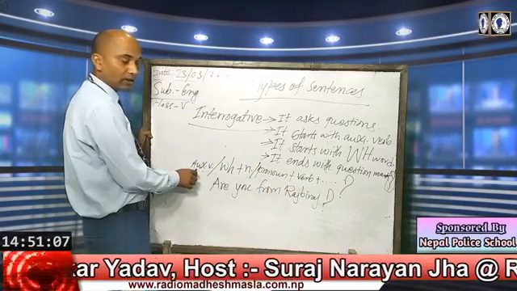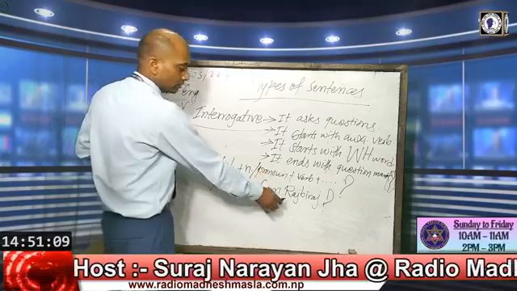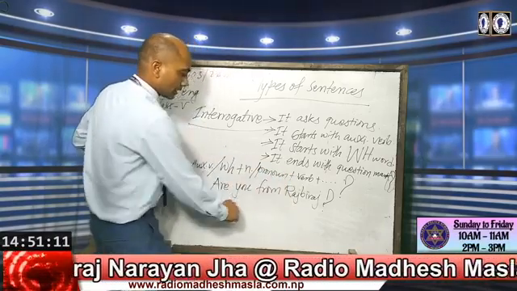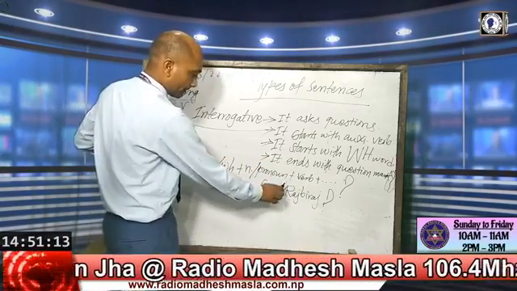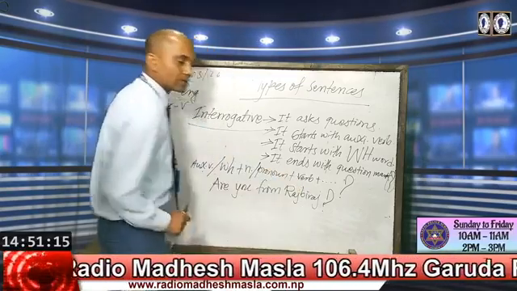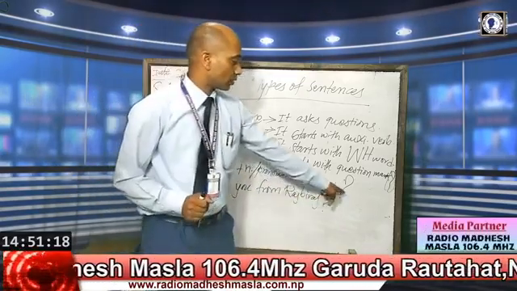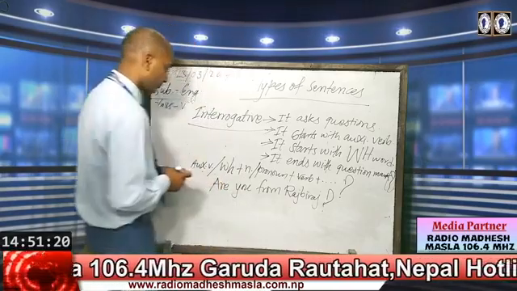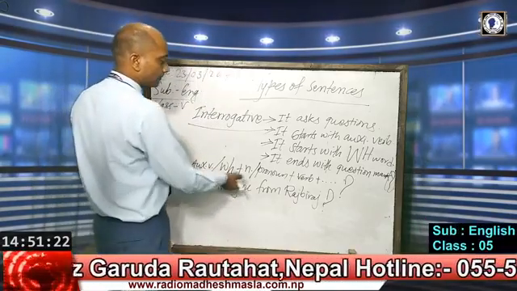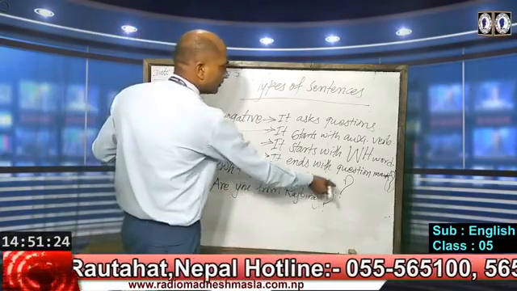Are, auxiliary verb, you, pronoun, verb, and then Biraj is the name of the place, and here is the question mark, you can see. Auxiliary verb, noun, pronoun, verb, question mark.